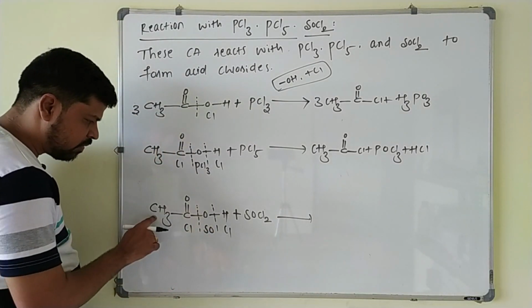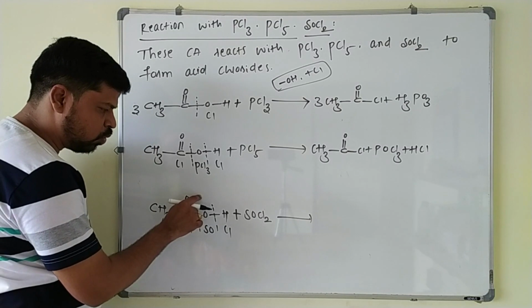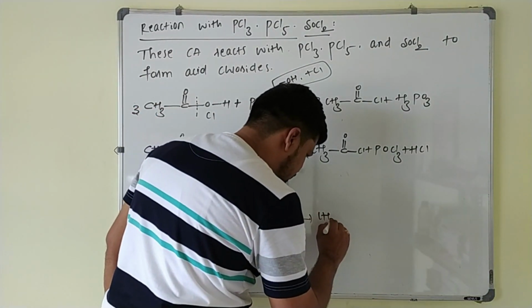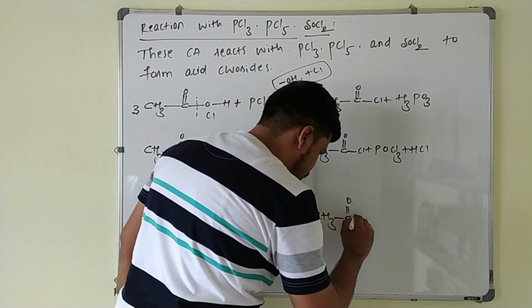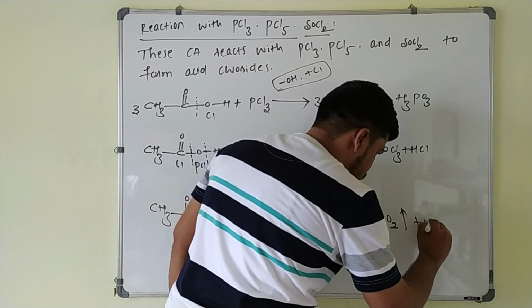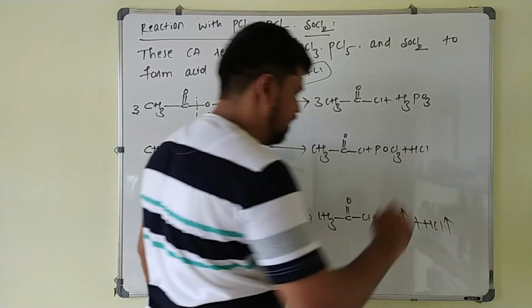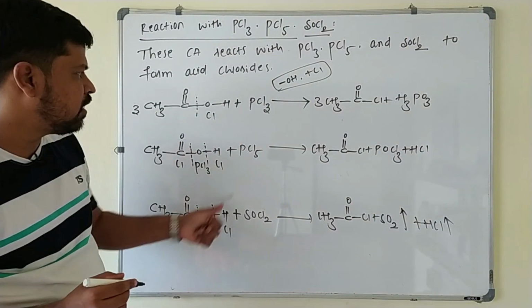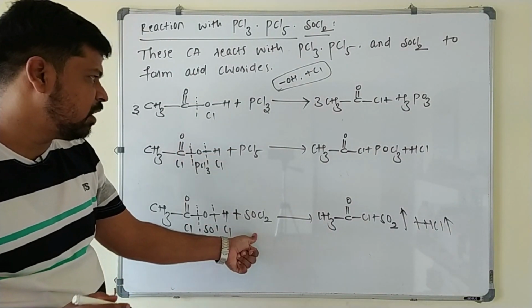So this is one product, CH3COCl, this is SO2 and this is HCl here. CH3COCl plus SO2 plus HCl.